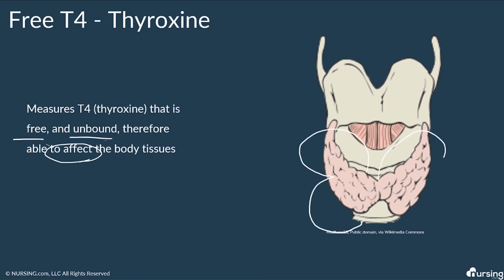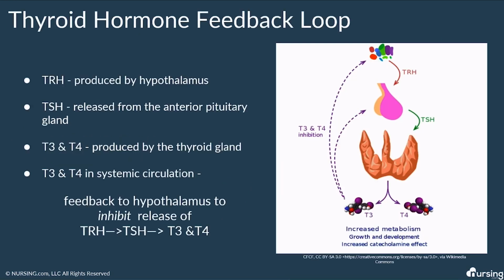Thyroid is located here in the throat, and it's that butterfly-shaped gland that produces T4 and T3. When talking about hormones, it's really important to talk about the feedback loop, most notably the thyroid hormone negative feedback loop. Now, TRH, or thyrotropin releasing hormone, is produced by the hypothalamus in the brain.